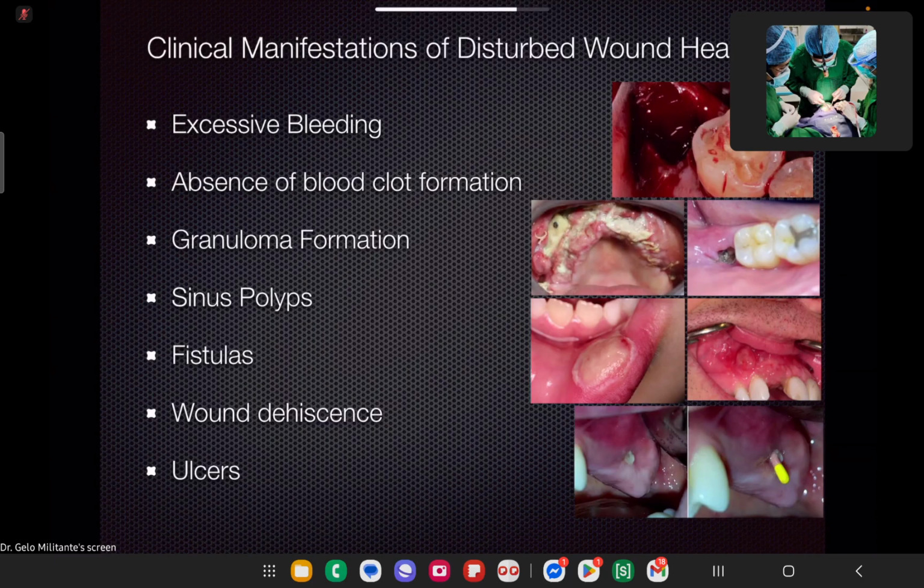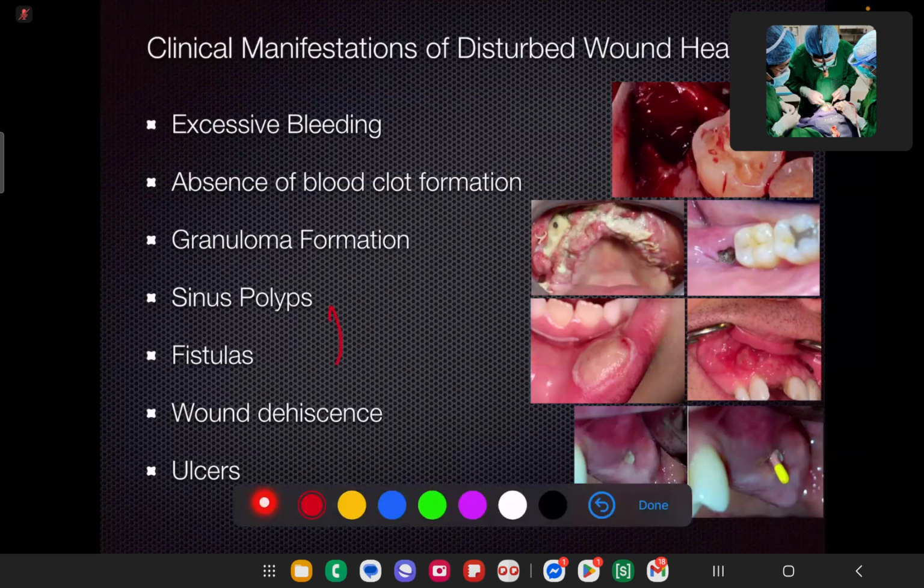And of course, formation of granuloma, which is a sign of an infection, sinus polyps, and fistula as a sign of a chronic wound, and wound dehiscence or opening up of your surgical area, and ulcerations.